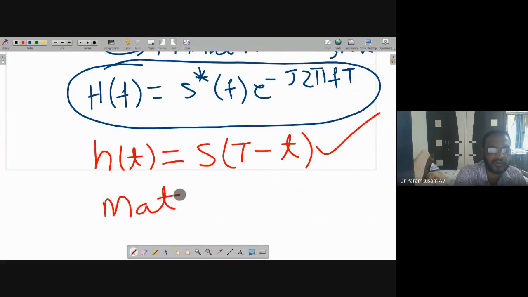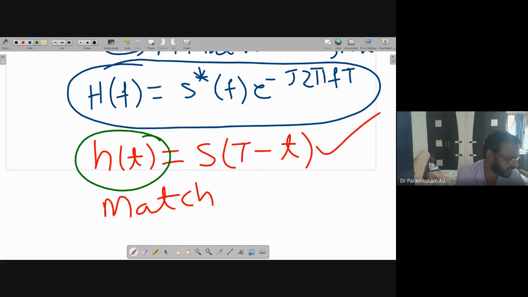The filter with unit impulse response h of t equal to S of T minus t is called the matched filter, which is the optimum filter.